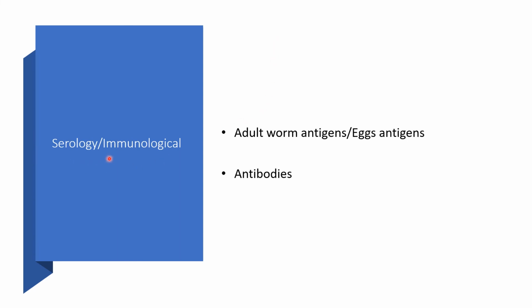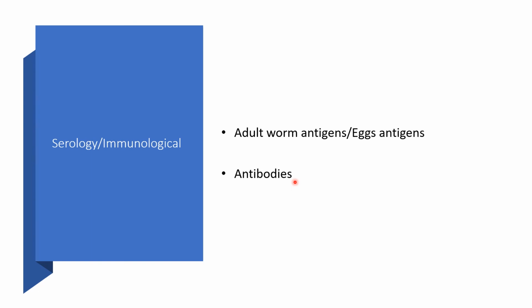For serological and immunological investigations, you know that we are going to be dealing with antigens from adult worms and antigens from eggs. Now, let's talk briefly about the antibodies. Even after complete and proper treatment, the antibodies will still persist, and it may be like that for many years.